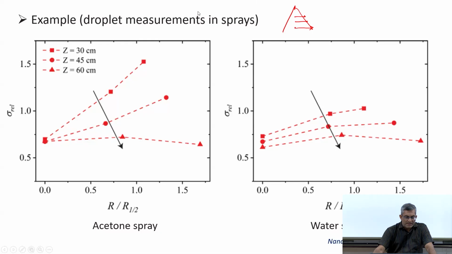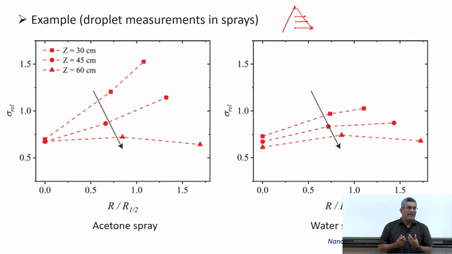For instance, here you see that at an axial distance of 30 centimeter, as you move towards the edge of the spray, the degree of clustering increases significantly. So droplets tend to cluster more, but this tendency reduces as you move down. The question is why? Why should this happen?